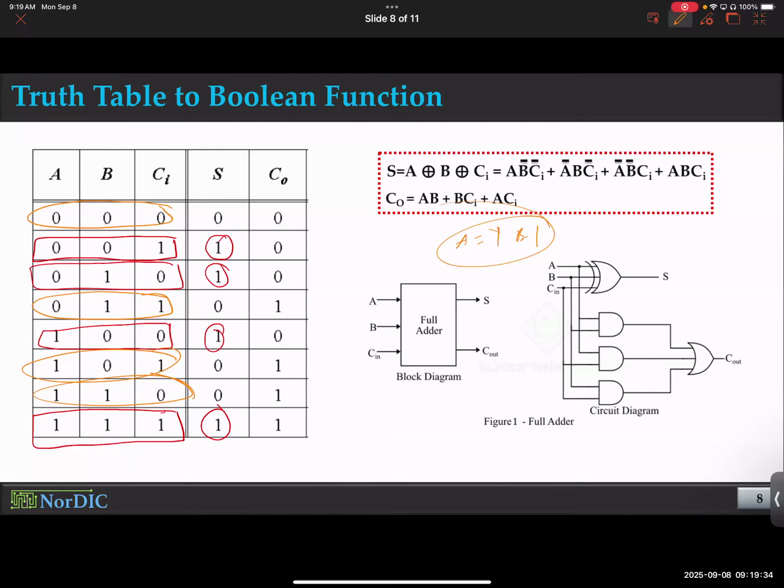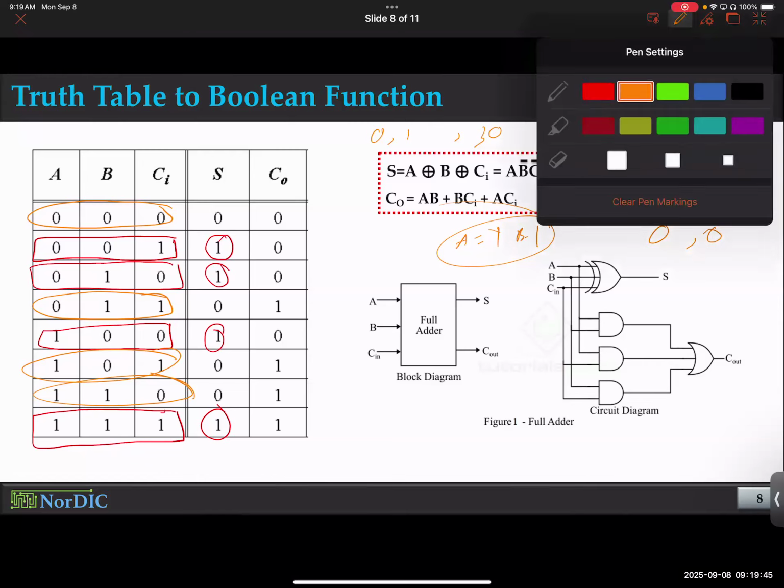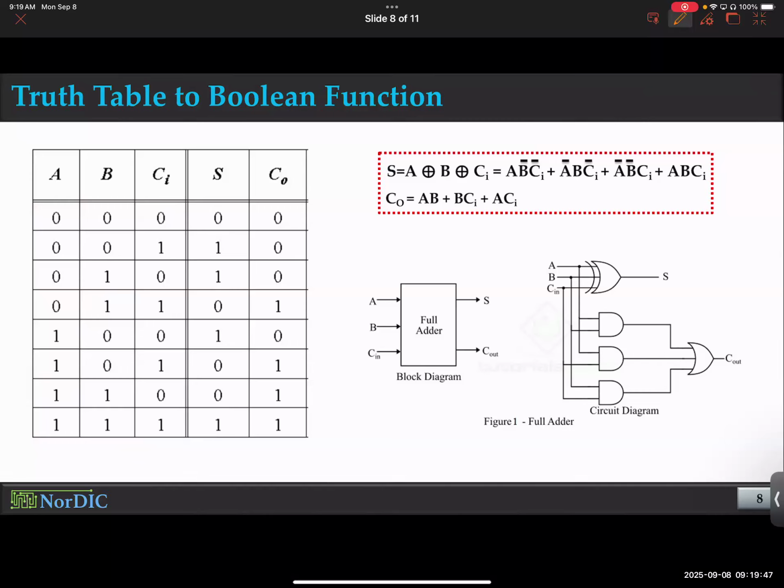And when both inputs are 0, you consider that they matched. If you have 0, 1 or 1, 0, you consider that to be a mismatch. Remember that, folks? Similarly, for a 3 input case, when you have odd numbers of the same thing, we are choosing 1 as the output. And when you have even numbers of the same, you're choosing 0 as output. That's basically the essence of 3 input XOR.